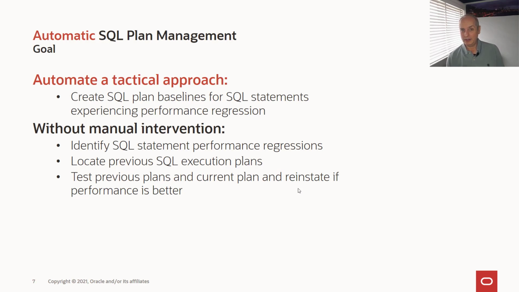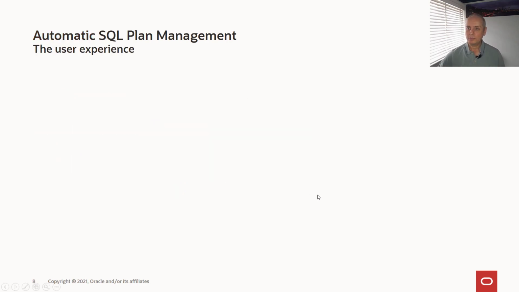The database identifies it automatically. Then the database can, in fact, locate previous SQL execution plans, test execute them offline in the background, and figure out which are the best SQL execution plans to use. And then the result of that will be to create a SQL Plan baseline to enforce the optimal plan, or the best plan that it can find.